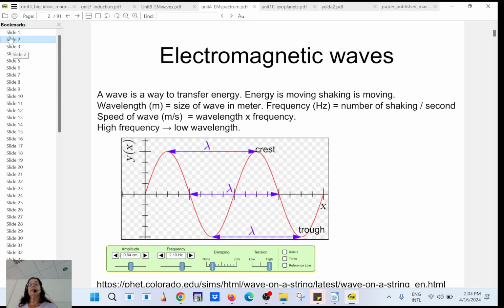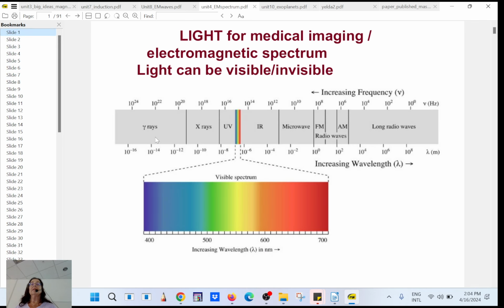If I try to trick you and tell you that gamma rays have more energy, so they're going to move faster, no, all of these go at the same speed, the speed of light. But if the wavelength is very small, then the frequency is very large. They are inversely proportional, and the energy of the wave is proportional to the frequency. So larger frequency, larger energy. You can think of these as behaving more like bullets when they interact with matter, right?